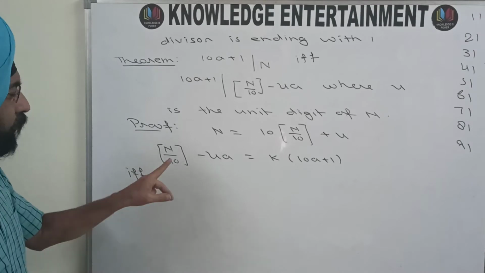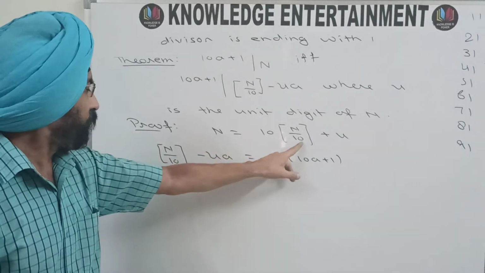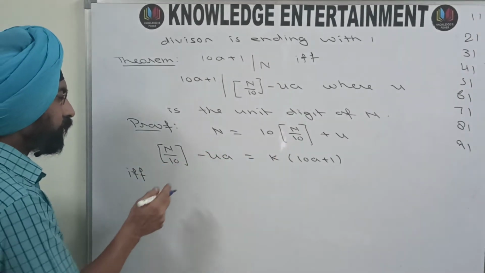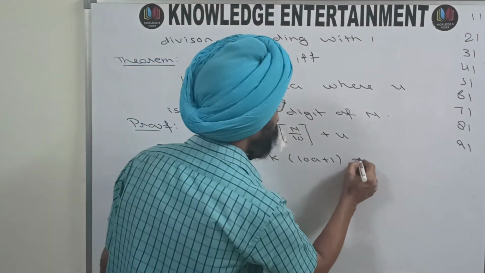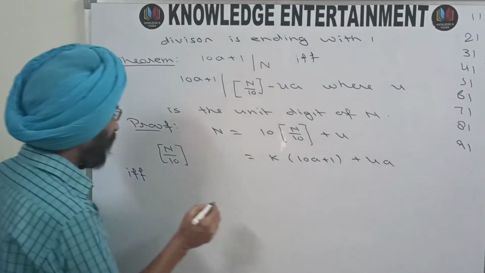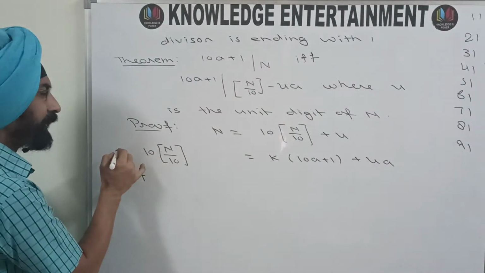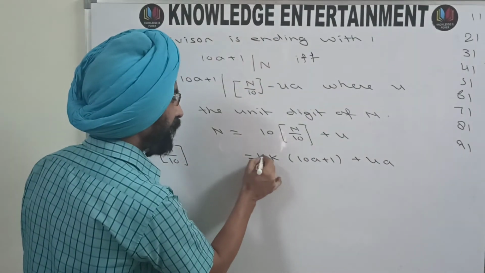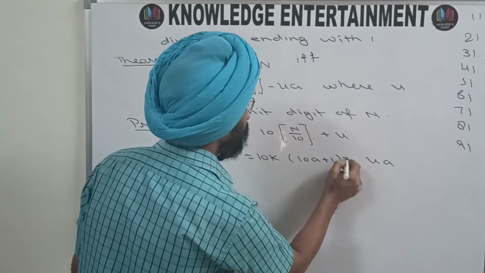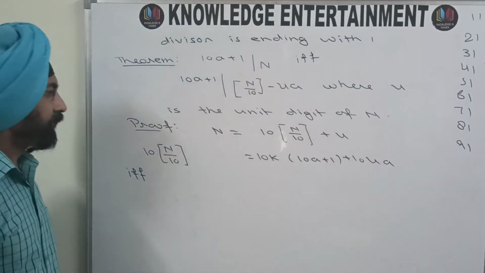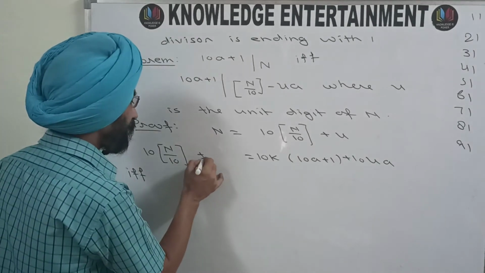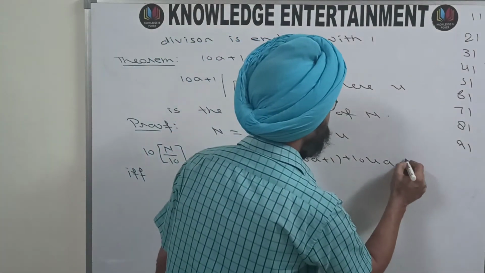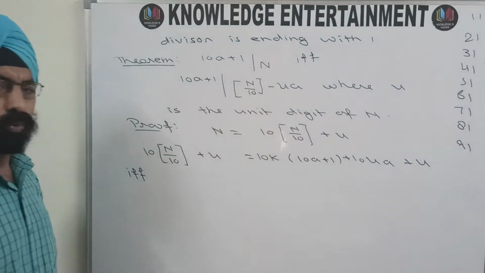If and only if. Now multiply both sides by 10 because I want this now. So take this minus ua to the right hand side, it will become plus ua, and multiply by 10 here, multiply by 10 here, and add u. So plus u and plus u.